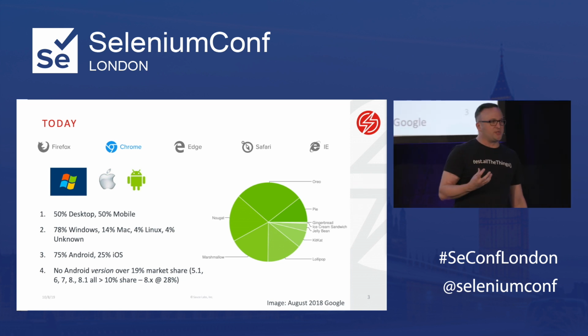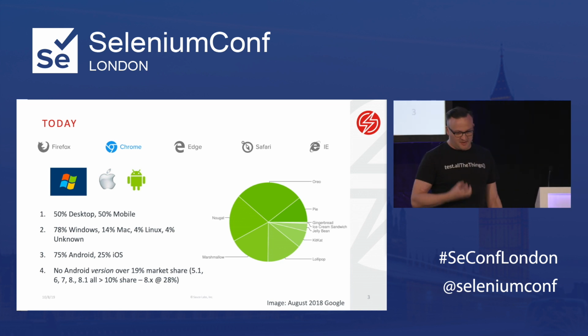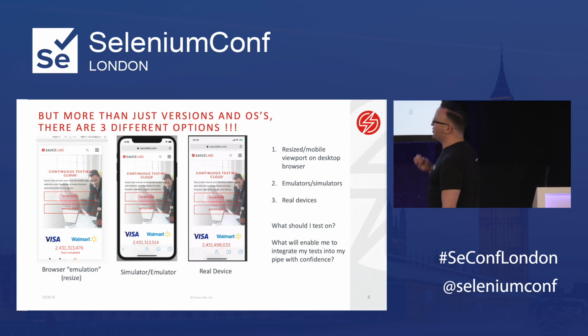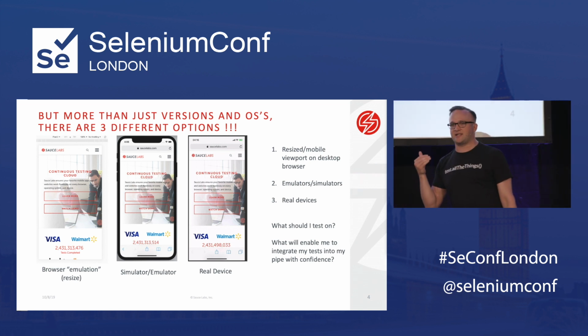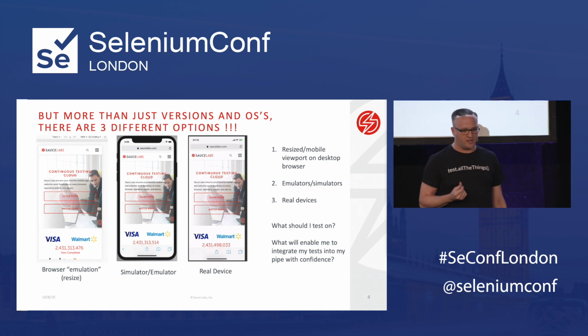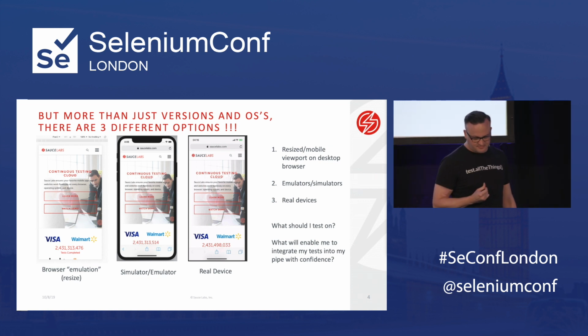But there are also challenges involved in doing this, and it becomes rapidly rather more complex when you consider that you also have 3 options on how to execute your existing scripts on a mobile web browser.